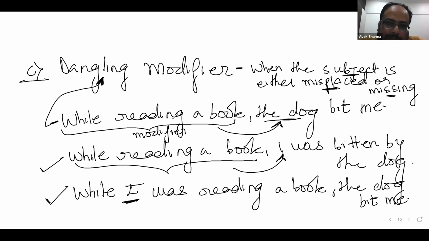The problem is not with the position of the modifier. The problem is with the placement of the subject, which I am correcting in the next two sentences. In the next two sentences, you will see that I have not changed the modifier. All I have done is I have changed the subject position. So that is what happens in case of a dangling modifier. Basically the modifier gets attached to the wrong subject, because the subject is misplaced or missing. Right? This is a dangling modifier.